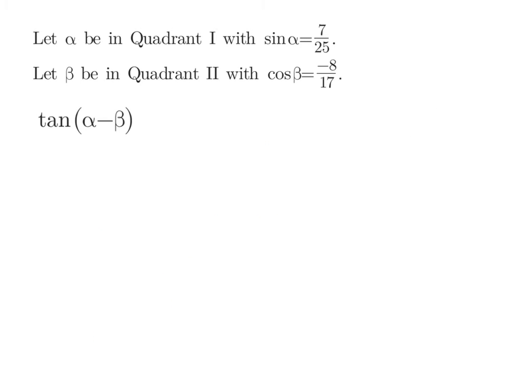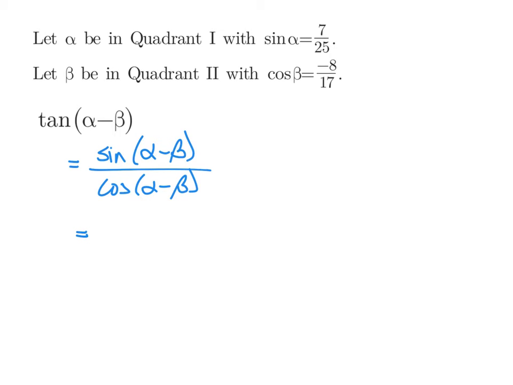So how about tangent of alpha minus beta? Well, there on your identity sheet, there is the difference identity for tangent if you wanted to use that. But after all that work that we've just done, we have a different identity for tangent, and that is that tangent is sine over cosine. We just did all this work to see that the sine of alpha minus beta was negative 416 over 425, and the cosine was negative 87 over 425.